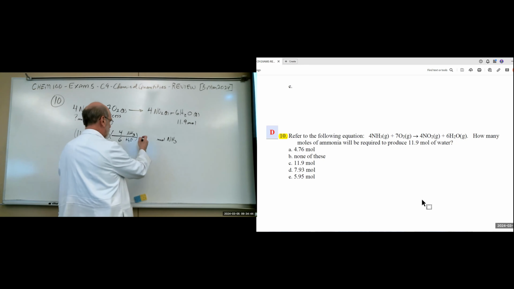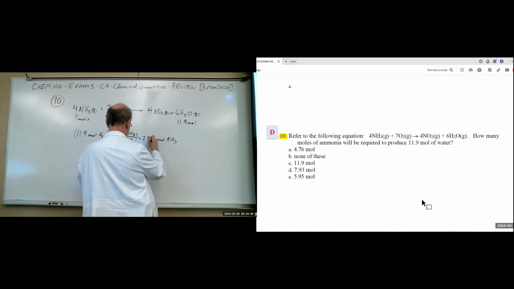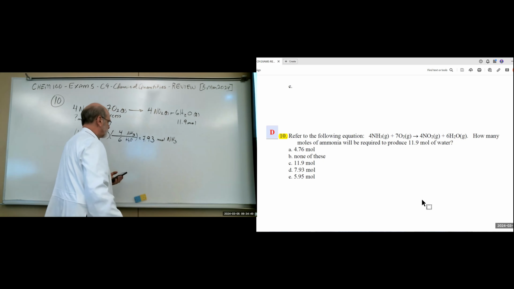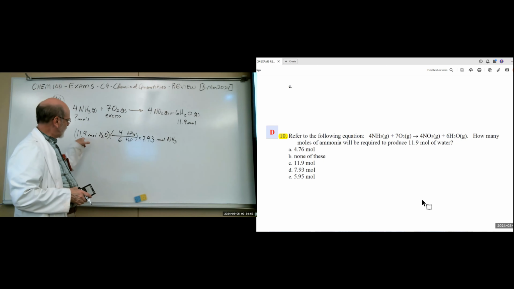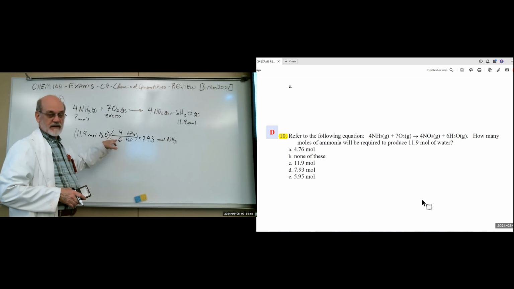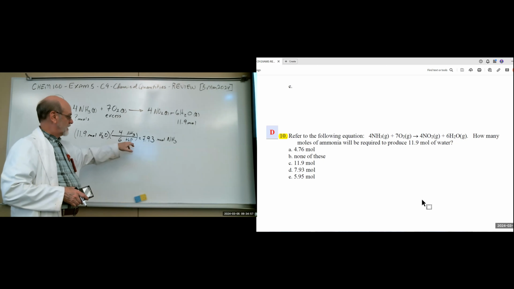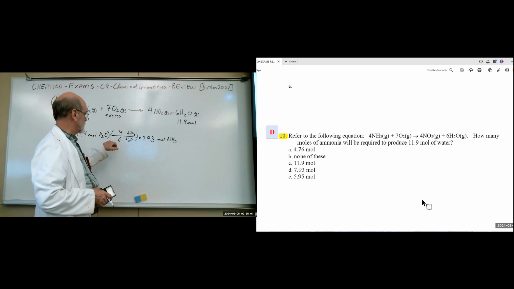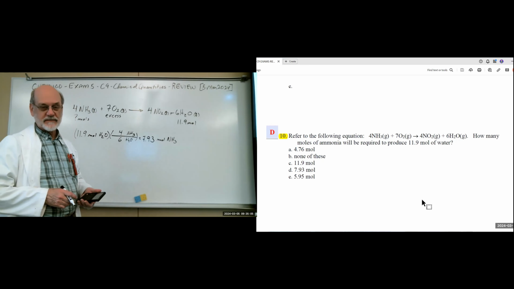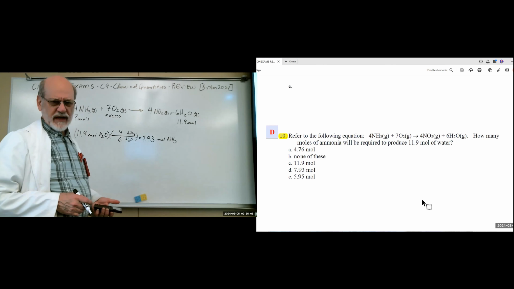That's better. 7.93. That number didn't make any sense because I was multiplying 11.9 times a fraction less than 1, and I came out with a value that was way less. It was a tenth of this. All right, so that didn't make any sense. 7.93 is D.